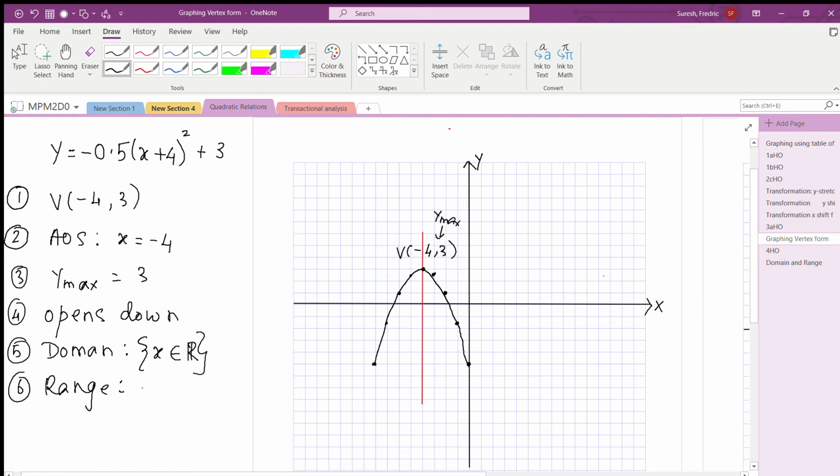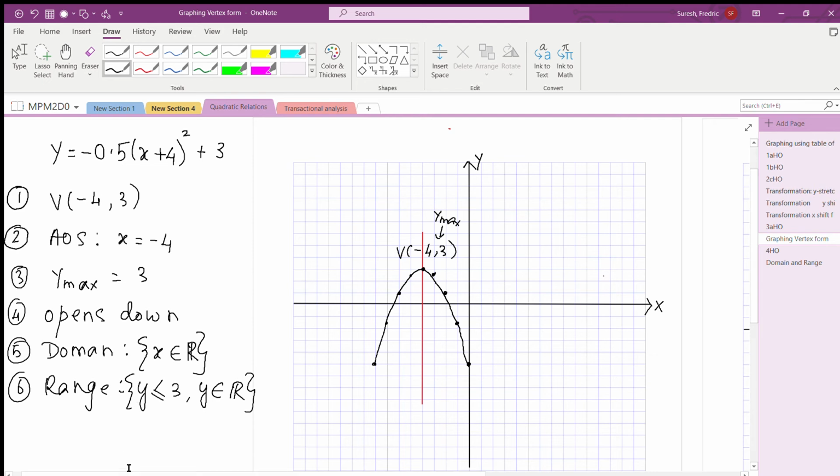So you write y is less than or equal to 3, but you also have to say what kind of numbers y will take. I'm sorry, I said x. What kind of numbers y will take? Y will take all real numbers just like x.